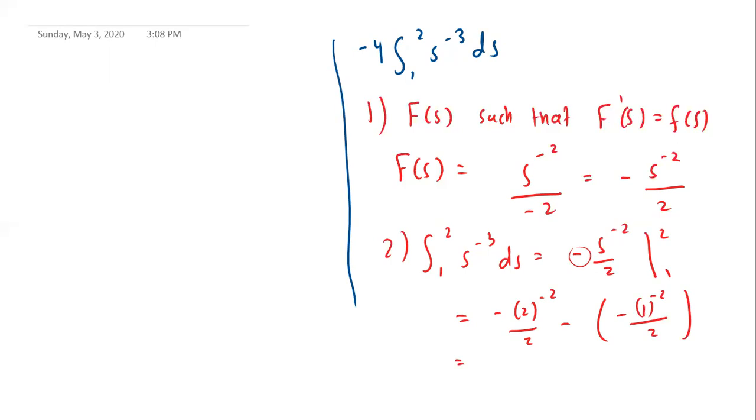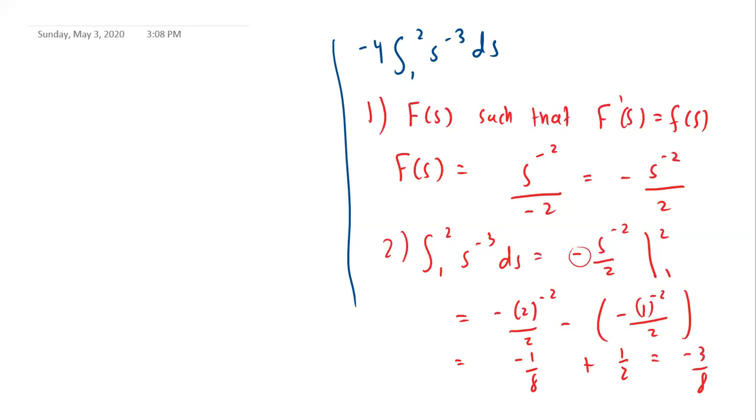So 2 to the negative 2, that's 2 to the 2 on the bottom, so that's 4 times 2 is 8. It's negative 1 over 8. Minus minus is plus. 1 to the negative 2, and 1 to any power is 1. So it's going to be 1/2. If you get a common denominator, multiply 1/2 by 4 over 4. 4 minus 1, so you get negative 3/8.